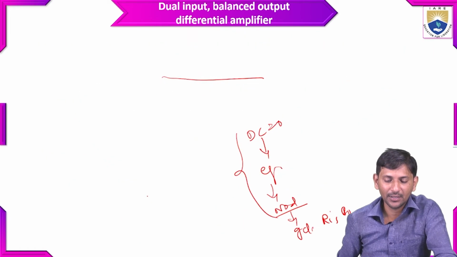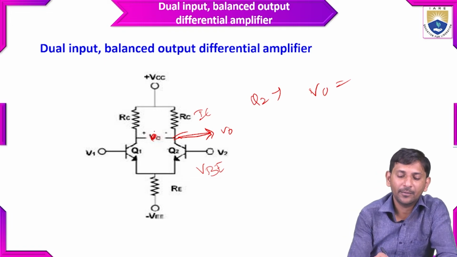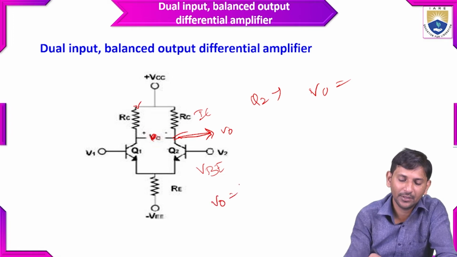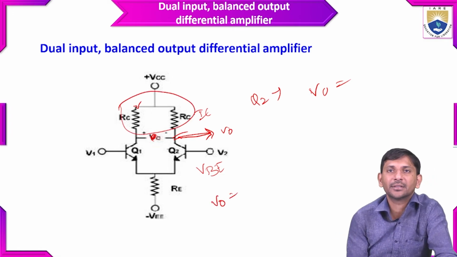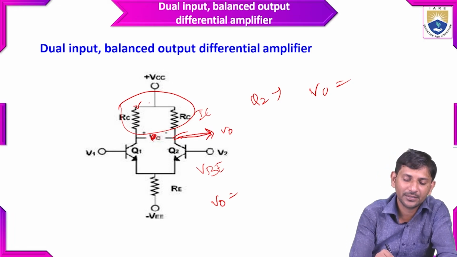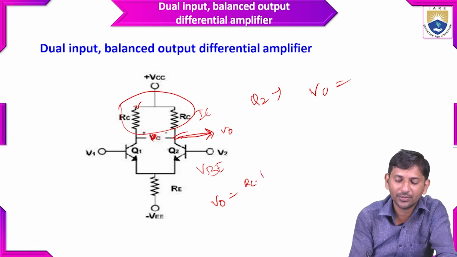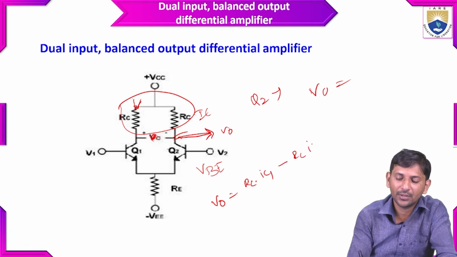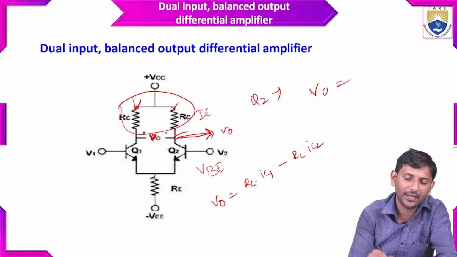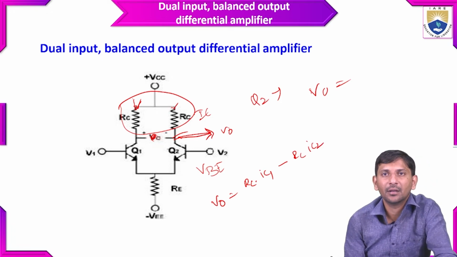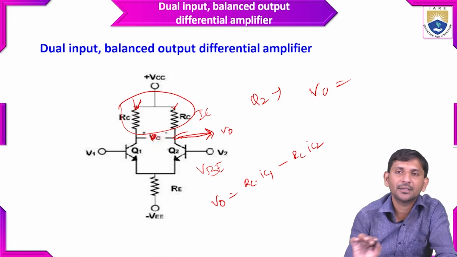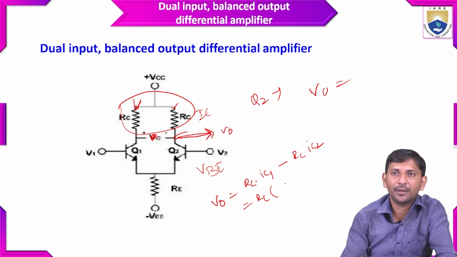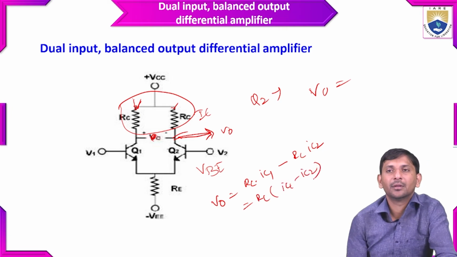If you observe this circuit, if you analyze this equivalent circuit across these collector pins C1 and C2, the output voltage becomes RC into IC1, then minus RC into IC2, the current across the collector pin of the Q2 transistor and the current across the collector pin of the Q1 transistor. So by taking RC common, IC1 minus IC2.